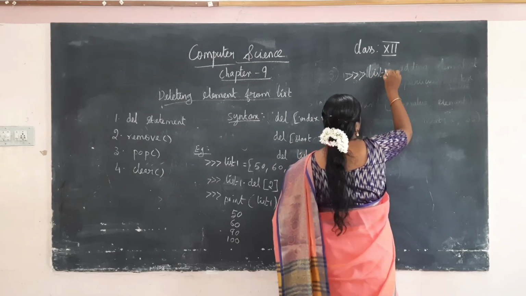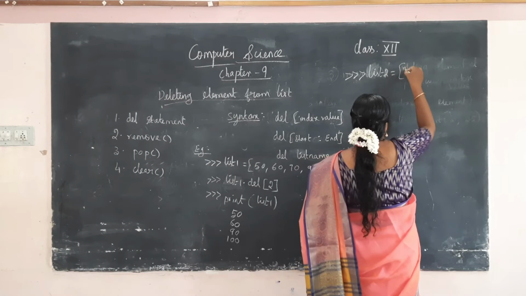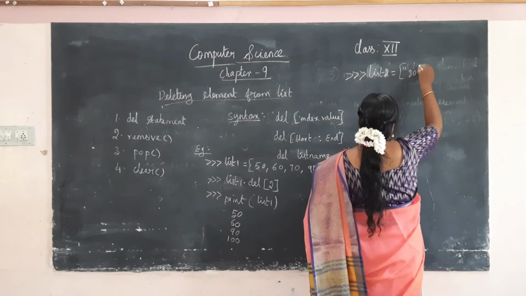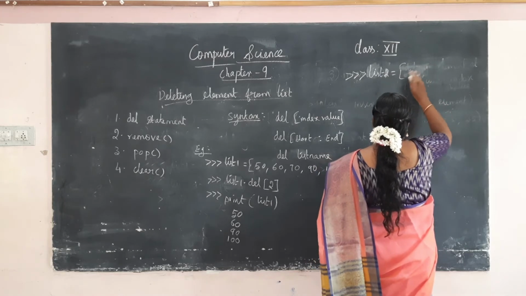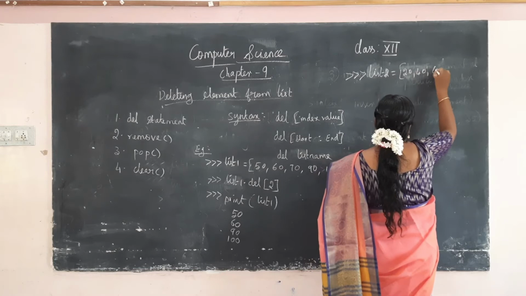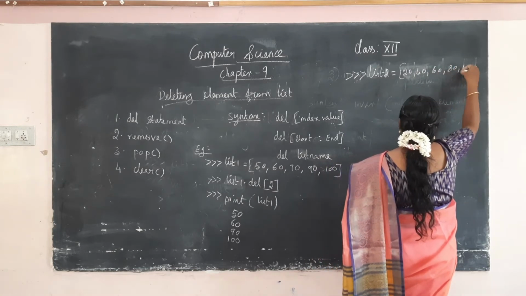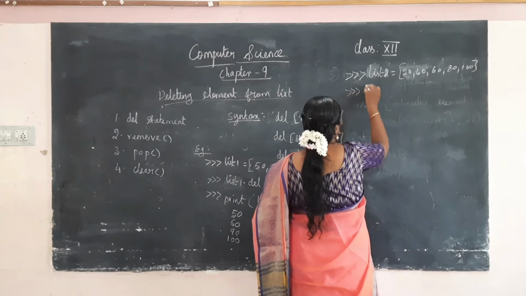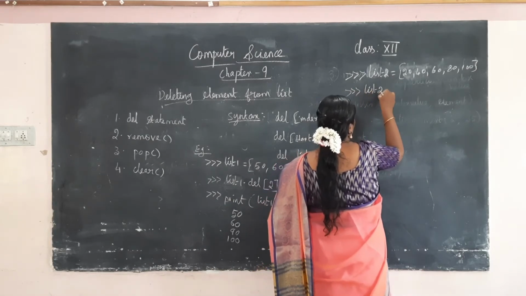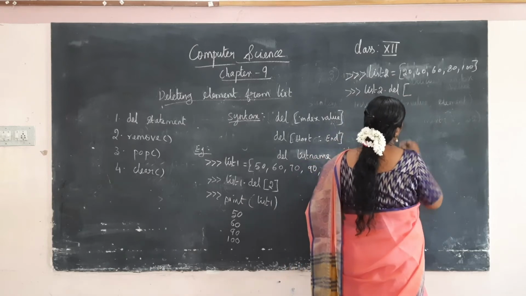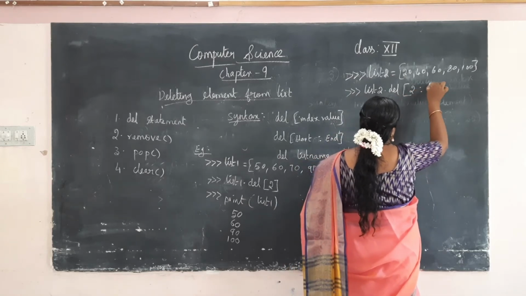List 2 is equal to, suppose I have 20, 40, 60, 80, 100 like this. And now I am asking to delete list 2, del from 2 to 4.